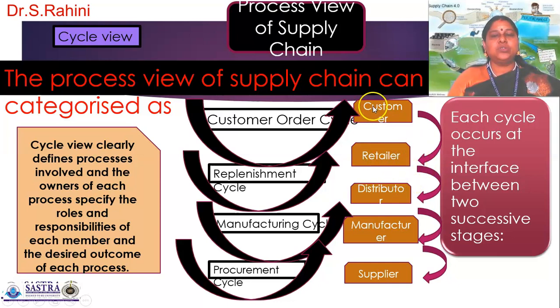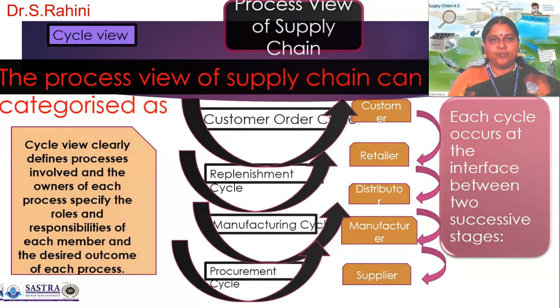Likewise, the retailer also has different types of customers. Anyway, it is occurring between each stage, between two consecutive stages, at the interface between two successive stages. That is what I call it. This is the way the cycle view or the process is happening in the supply chain. This is the process view of the supply chain with regard to cycle view.